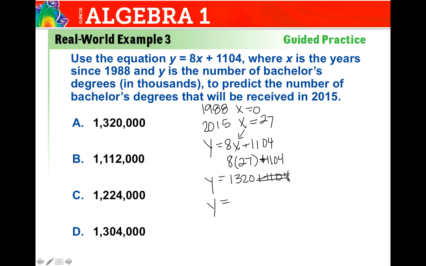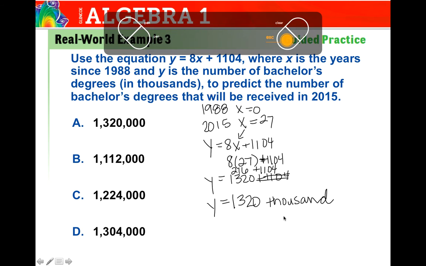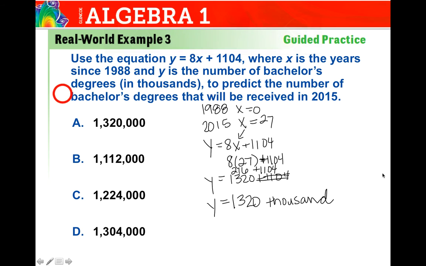We get 8 times 27 is 216 plus 1104, and 1104 plus 216 is 1320. So our answer is 1320 thousand. So which answer would that then correspond to? It would be A. You would take your 1,320 times 1,000 to give you 1,320,000.